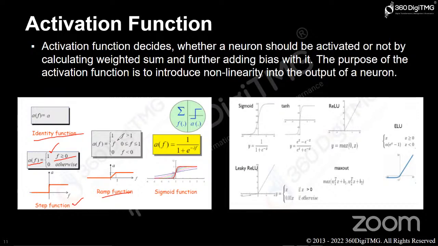Similarly, the ramp function gives a value of 1 if f is greater than 1, or f if it is in the range of 0 to 1, or 0 if it is less than 0. It is represented by this graph.